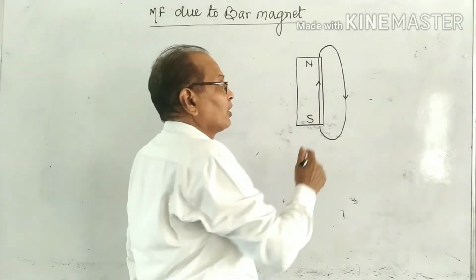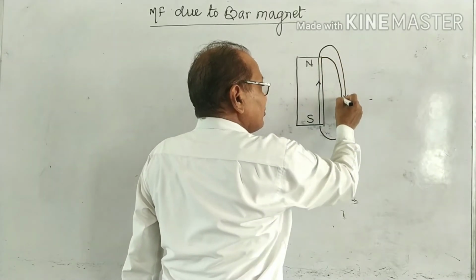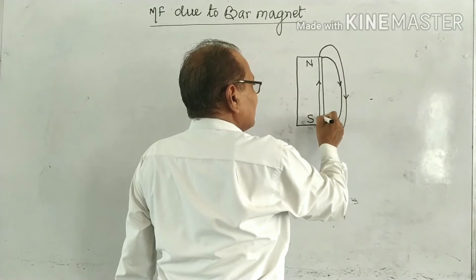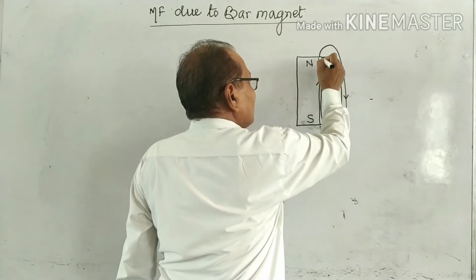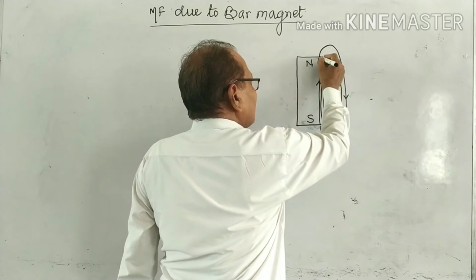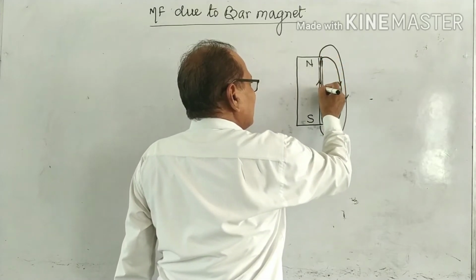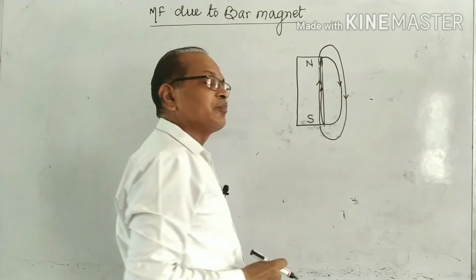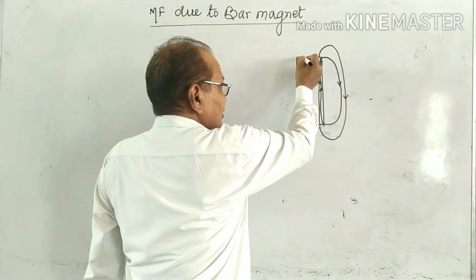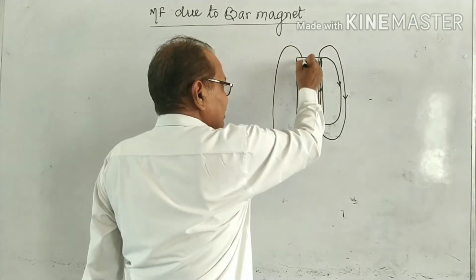Again, if you draw the magnetic field line, it may be like this. So if you draw the complete diagram of this magnetic field, you will get it like this.